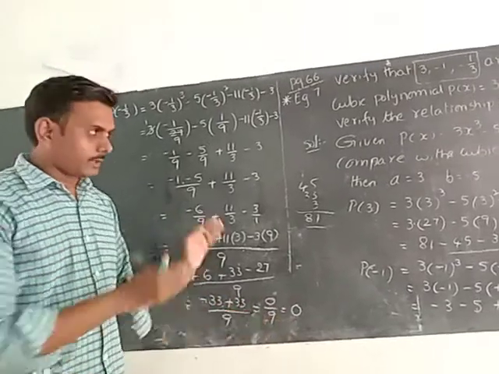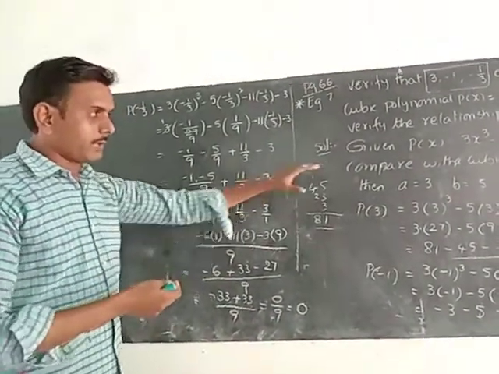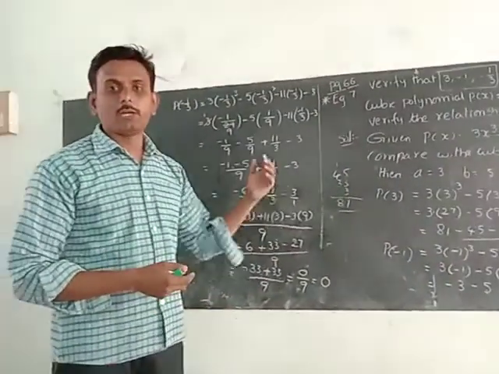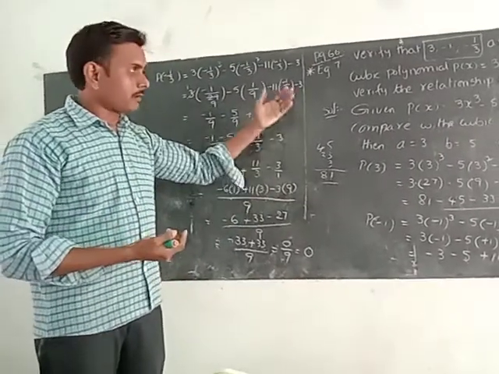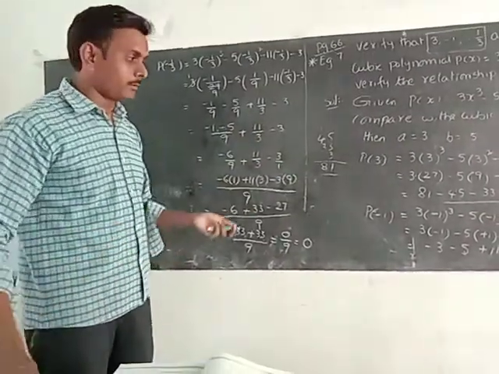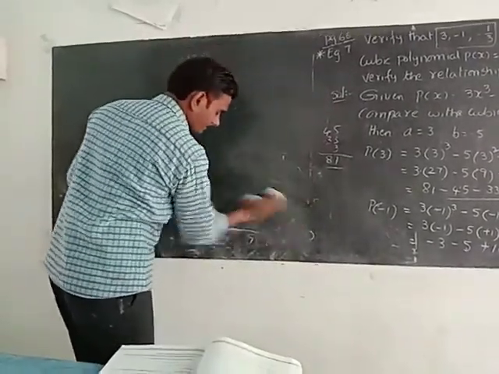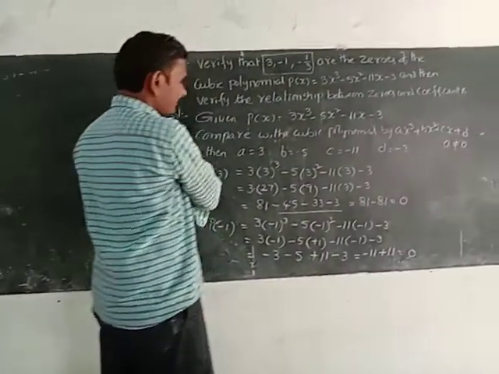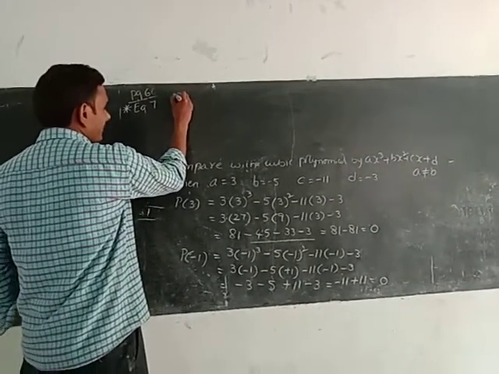Okay, up to now what we observe here: by replacing these three values, we are getting the value of the polynomial as 0. Value of the polynomial is 0 means immediately we can say the given values are the zeros of the given polynomial. That only I will write as the conclusion.